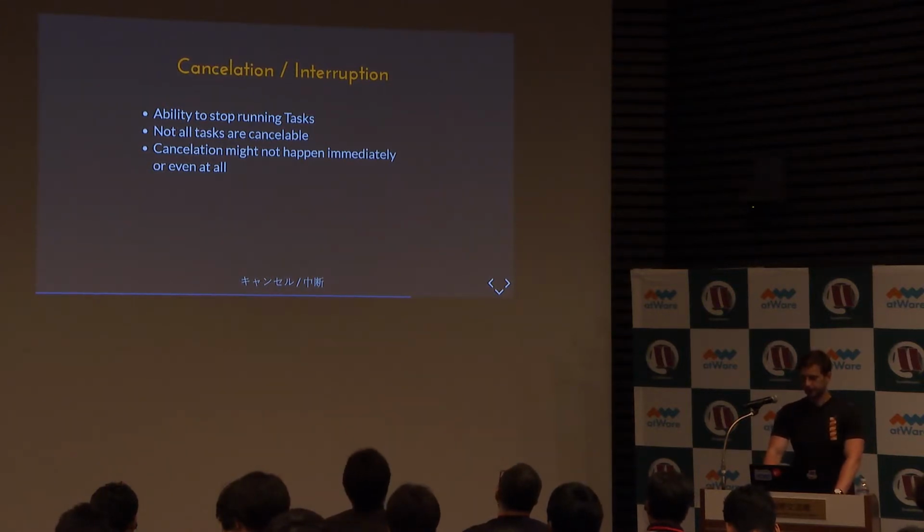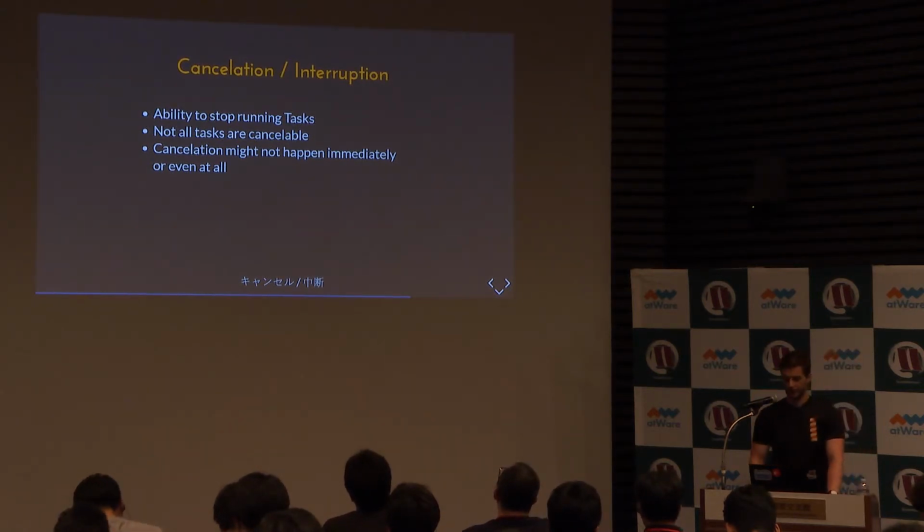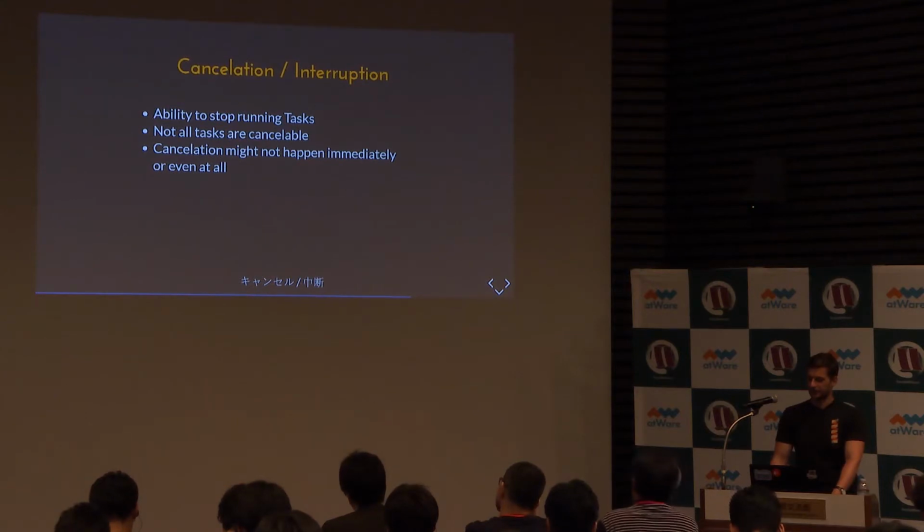Sometimes we would like to just stop our computation, maybe because it's not relevant anymore, and we want to save the resources. But we have to remember that not all of the tasks are cancelable. This cancellation logic needs to be somehow encoded in them.